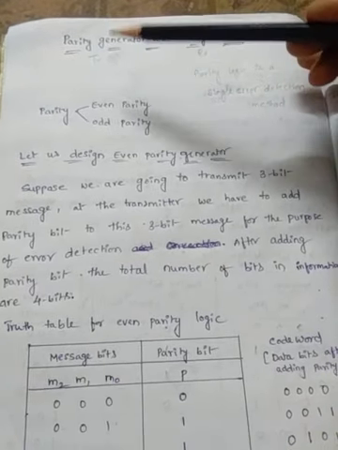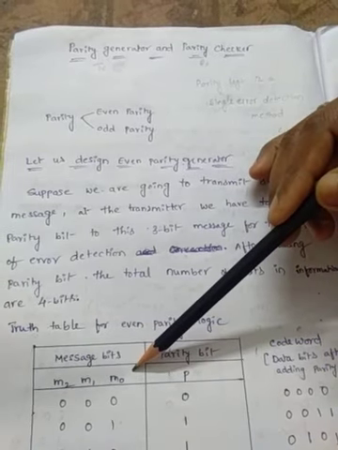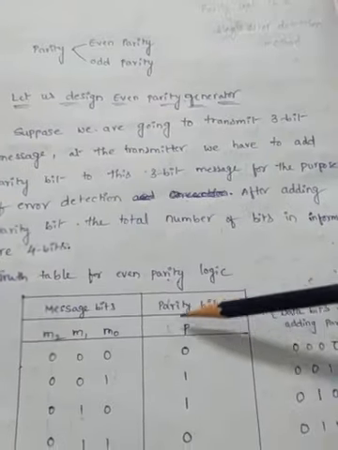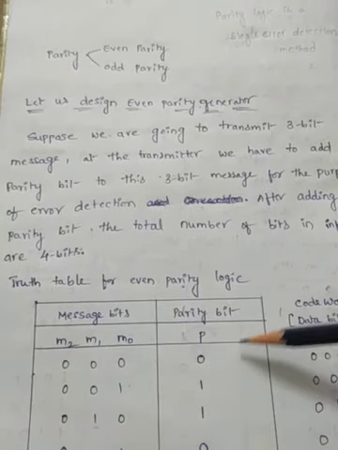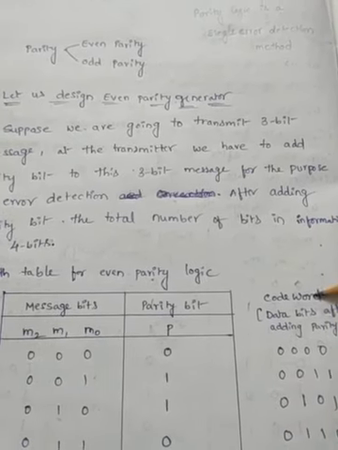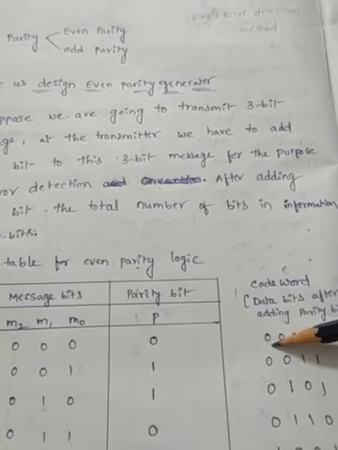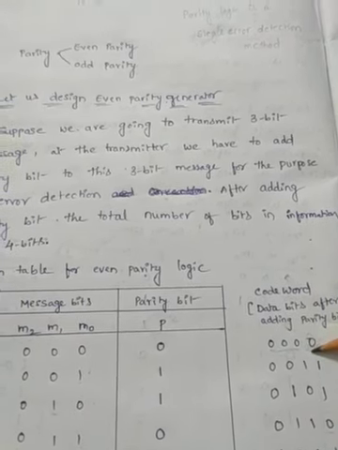That parity bit is then added to the message bits. After adding the parity bit to the message bits, the total information is called the code word. So this code word contains both message bits and parity bits.